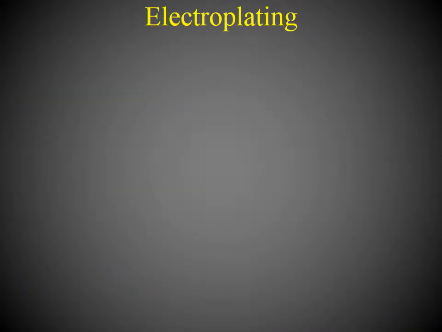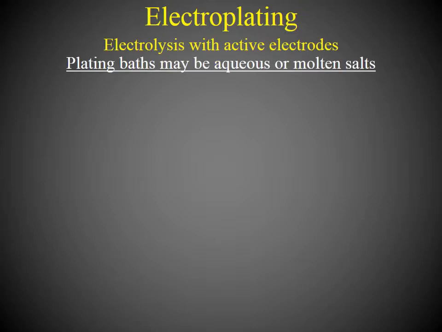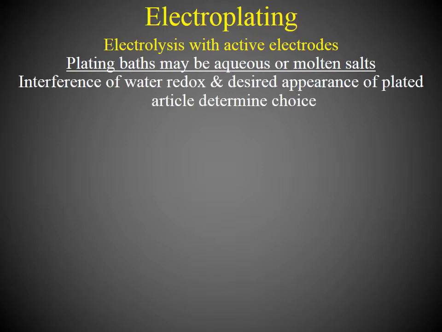Okay, so electroplating has one important difference from the previous two electrolysis cells we have talked about, because electroplating uses active electrodes. The previous two used inert electrodes. Now, the plating baths could be either aqueous or molten.